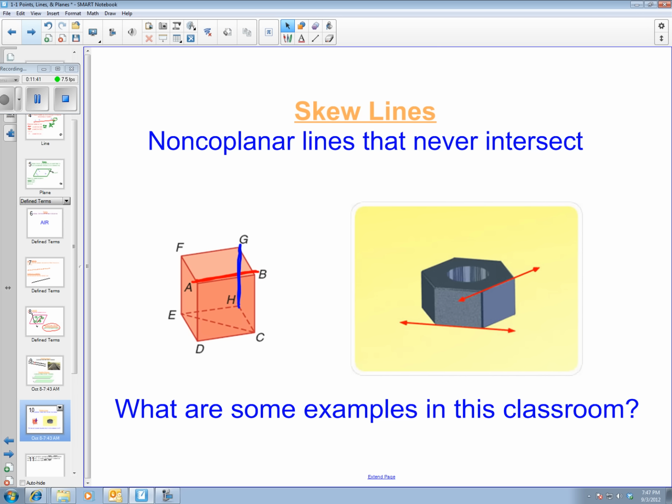Think about, are there skew lines in this classroom? Or if you're at home, are there skew lines around your computer? I bet you if you take a moment, you could find examples of points, lines, planes, collinear, non-collinear, parallel lines, parallel planes, and skew lines without looking very far.